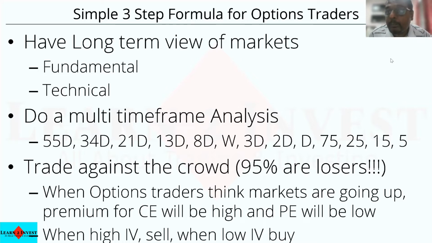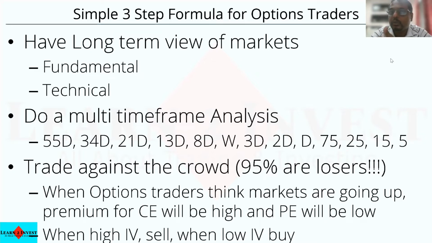Next one, very important, technical analysis. In technical analysis, these are your different horses, okay, and you want to ride on different horses at the same time, and you want to see where exactly the market is going to be headed in terms of technical view. So 55-day, 34-day, these are all Fibonacci numbers that I use.